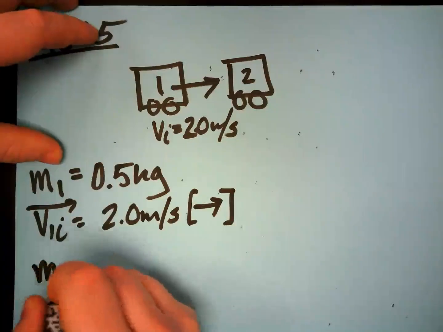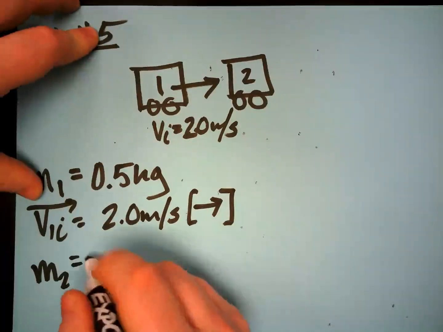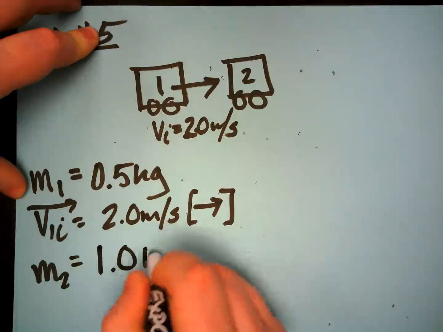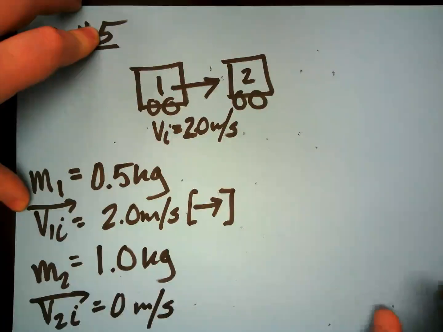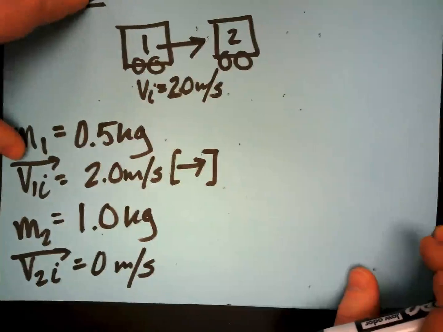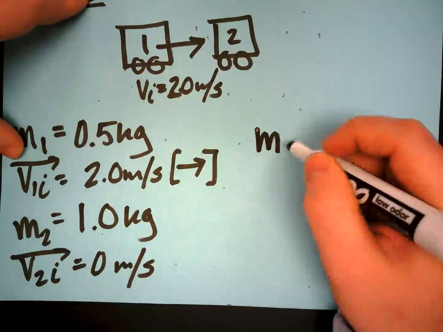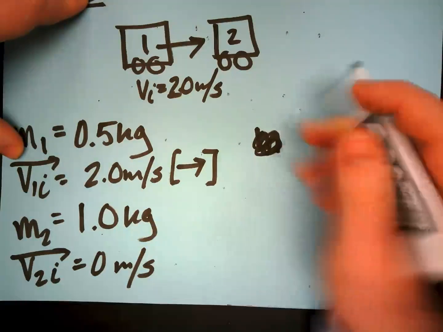The mass of the second cart is 1,000 grams, or 1 kilogram, and initially it's not moving. Okay, so what we're trying to find here is not the M, but we're going to find the velocities, because they're not going to stick together.